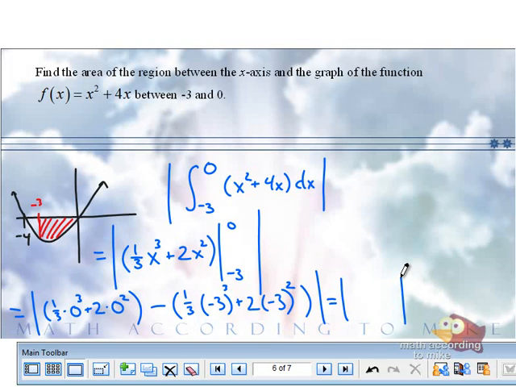So before you do the absolute value part, figure out that antiderivative. You should get -9. Did everyone get -9? And then after you take the absolute value, you get +9 as your final answer.